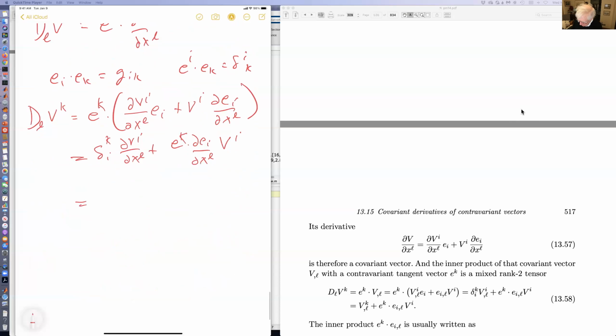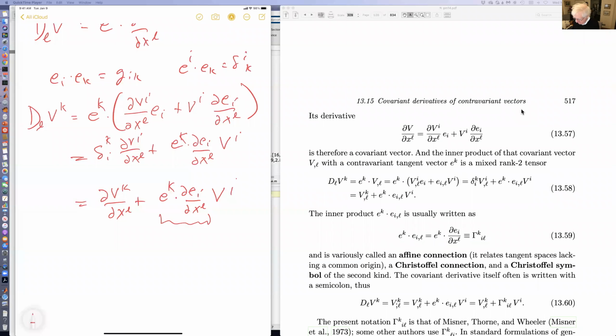So this is partial VK partial XL plus EK dot partial EI partial XL times VI. Well, this thing is a special quantity which we call gamma. This was a notation introduced by, I guess, Christoffel.